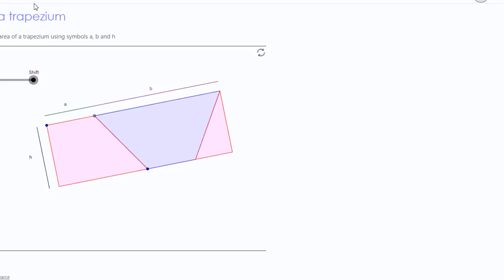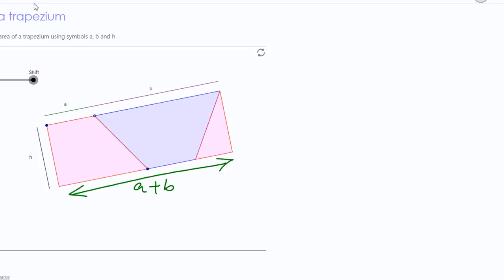Now, for this rectangle, it has a length of A plus B, right?